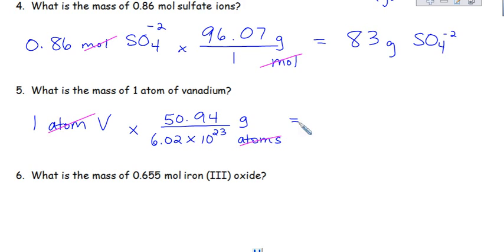I don't really want to just go 1. 8.46 times 10 to the negative 23rd. You can say grams per atom. Just grams would be fine. That's reasonable because this is for 1 atom. It's got to be crazy, crazy small. So be a little careful on how that's worded.